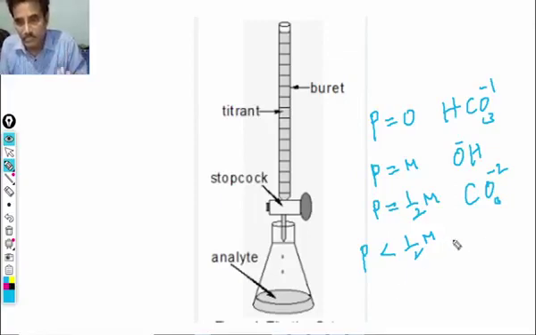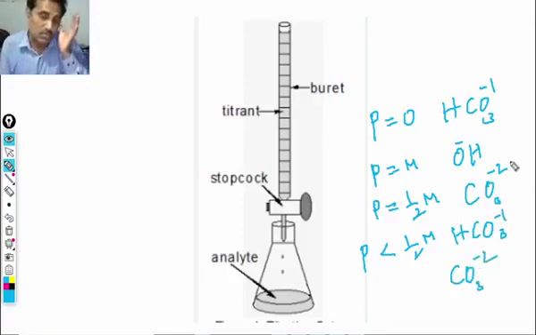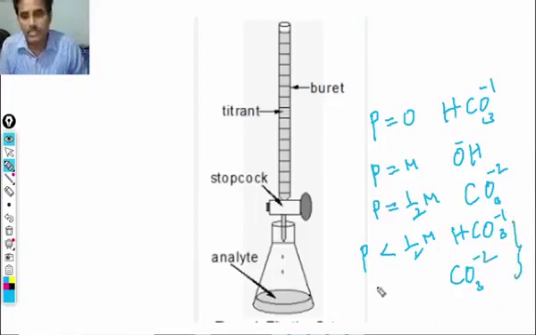That is the reason P is less than half M. If only carbonate is there, P equals half M. If bicarbonate is also there, then P is less than half M. So when HCO3 minus and CO3 2 minus ions are both present, the relation P less than half M will come.